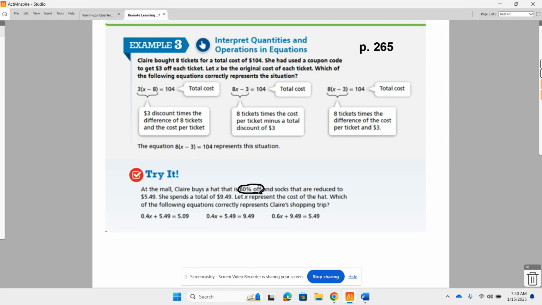Now, off means that we're getting a discount. I want you to think about what percent she would have remaining to pay. We've been doing that with our prize wheel shortcuts on Fridays, so if you can recall that, it might help you choose the right one of these 3 options.